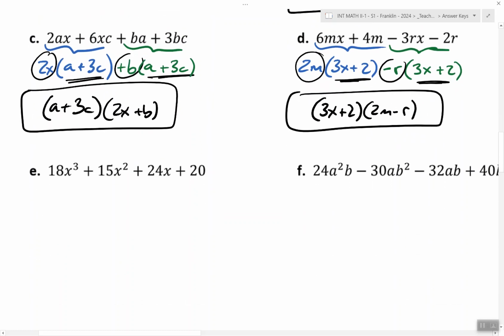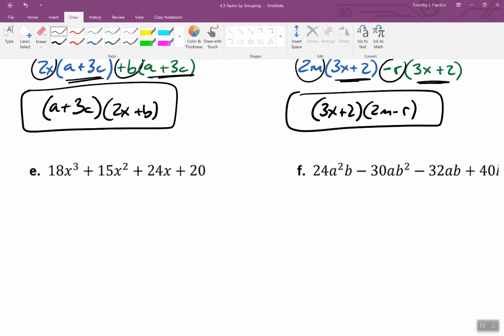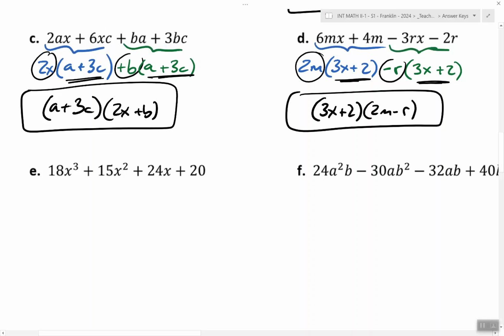Okay, last two examples here. Example E, we're looking for a common factor first. I don't think there is one. Now, if we're wrong about that, we'll find out when we try to group. One of them will have an extra thing we can take out of it. So let's see what happens.